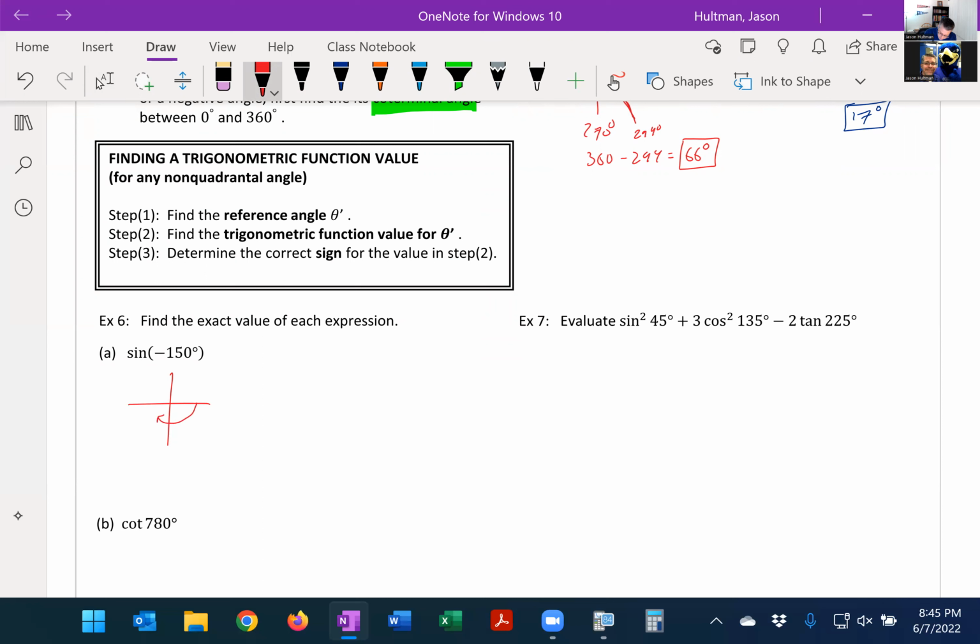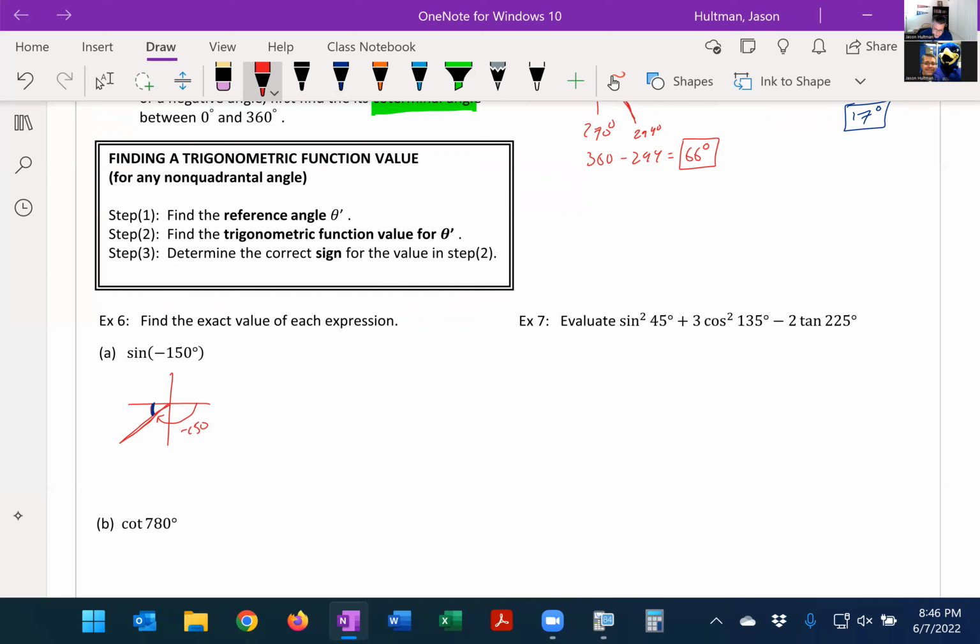here. If I go negative 150 degrees, that would go there. So how far away am I from the x-axis? That's really what I want to know. If I go negative 150, then how far away am I from the x-axis? Well, what would the x-axis be?